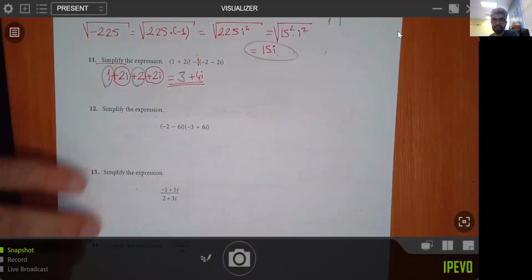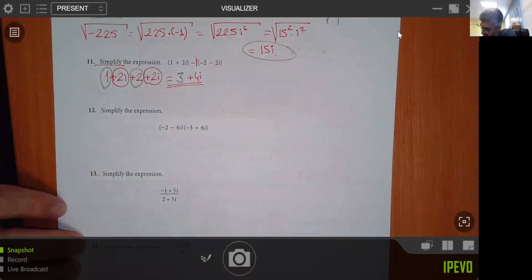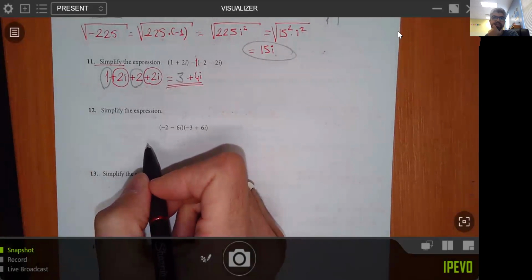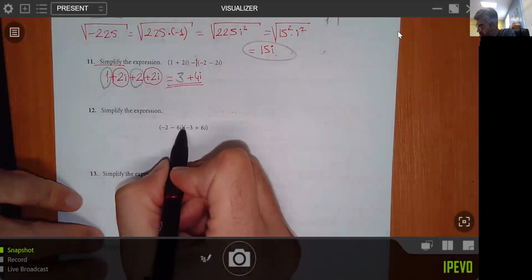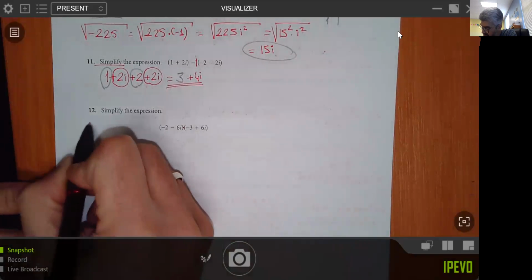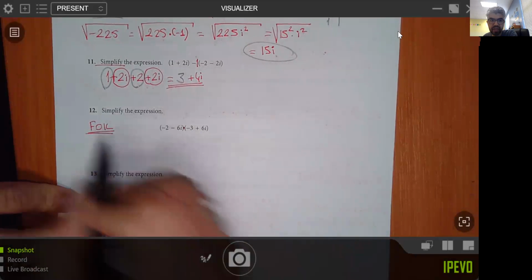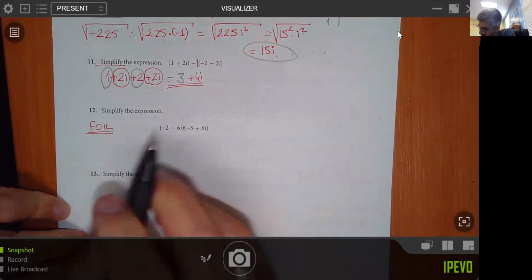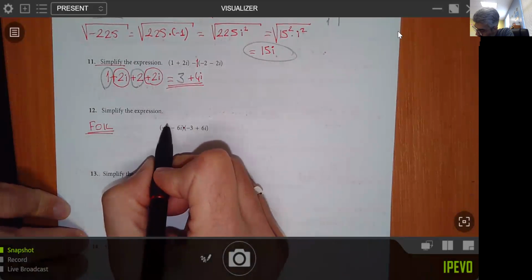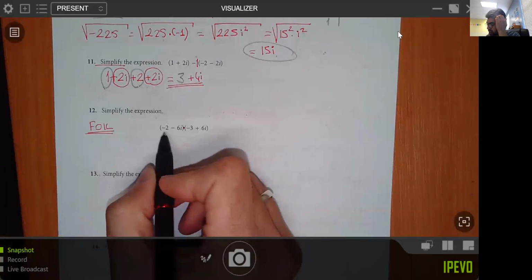Number 12, simplify the expression. But here we have multiplication. Well, we know what to do. FOIL method, right, guys? But how do I do it? So it means 2 terms here, 2 terms here.